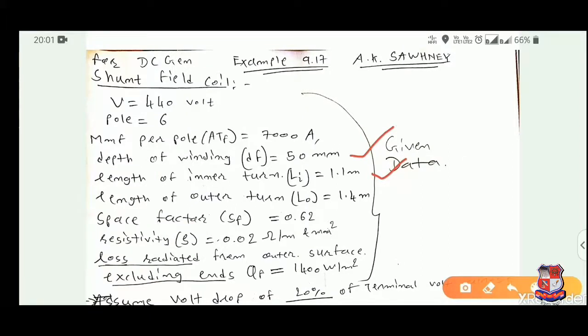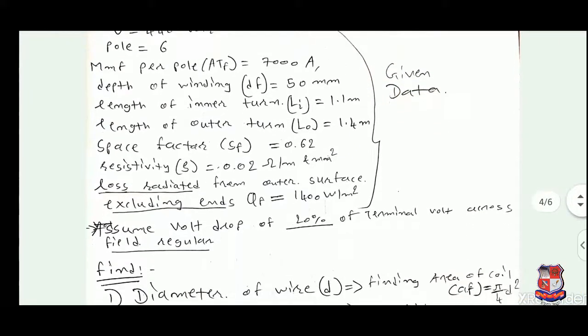Length of outer turn Lo is given as 1.4 meter. Space factor is 0.62. Resistivity is 0.02. Loss radiated from the outer surface excluding ends, qf, is 1400 watt per meter square. And here the assumption is a voltage drop of 20% of terminal voltage across the field regulator.